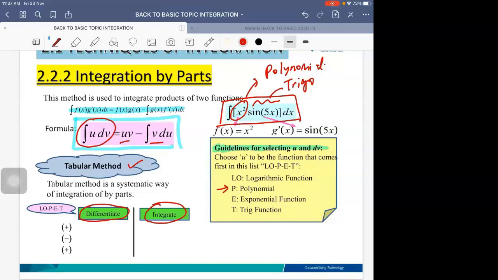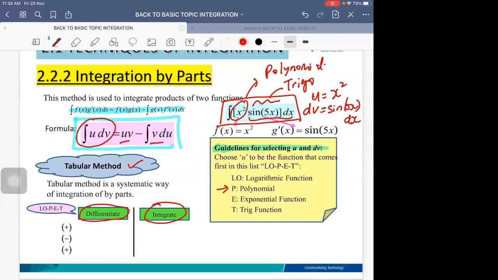Look at the order: ln, we don't have ln because this function involves polynomial and trigo, but we have polynomial. So we choose u equal to x squared, and the rest is our dv. So dv equals sine 5x dx.